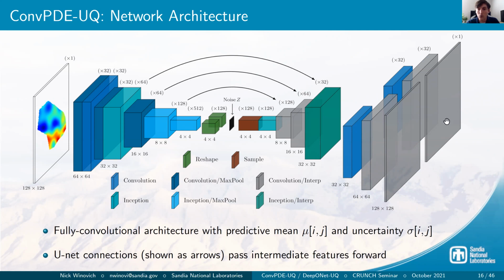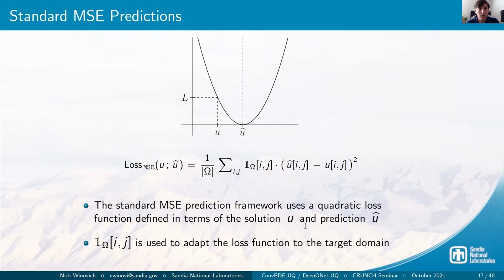So we get these two arrays of point-wise mean and uncertainty estimates. And we now need to inform the network that that's how we want it to interpret those two arrays. So we need to enforce this, and that is typically done through the loss function.